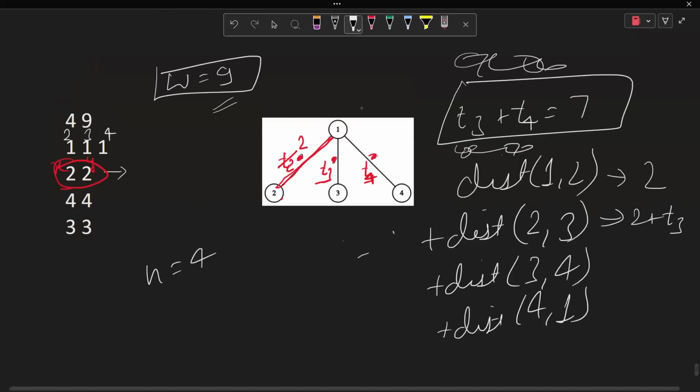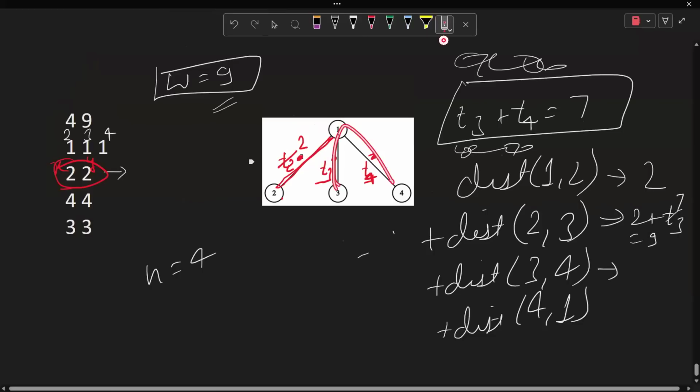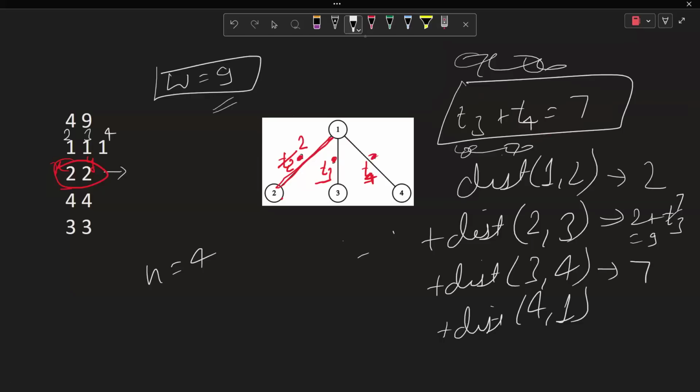Here, for this case, you can take T3 as 7 to maximize your answer. So it would be 2 plus 7 equal to 9. Now for 3 to 4, the distance is T3 plus T4. You know T3 plus T4 is 7 only, so you would take 7, because whatever combination you take, its sum would be 7 only.